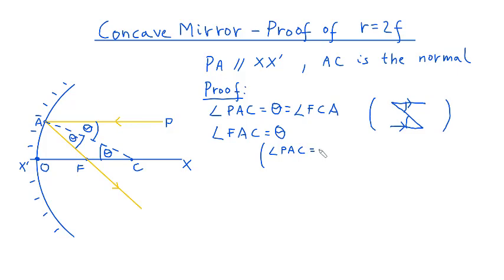So what we are saying here is this angle PAC is the angle of incidence, I. But we know from the law of reflection that this angle of incidence will equal the angle of reflection.